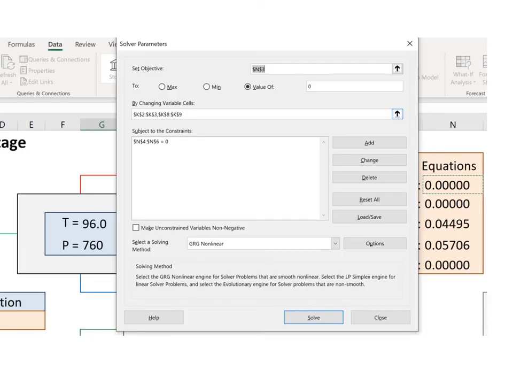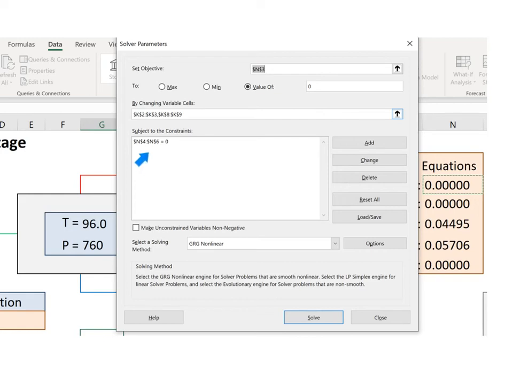So now we call up Solver and make a few changes. The first one is that we no longer have the temperature in the changing variable cells. So we're not going to change this. We're going to keep it at 96 degrees centigrade.